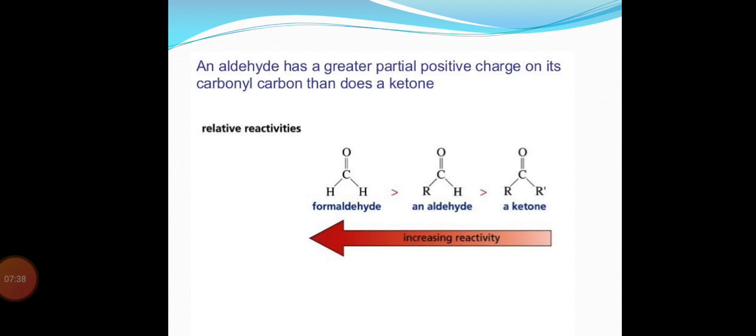Both R groups support the carbonyl carbon, and this carbonyl carbon will be more stable and less reactive. So the red arrow shows the reactivity order: formaldehyde is more reactive than aldehyde, and an aldehyde is more reactive than ketone.